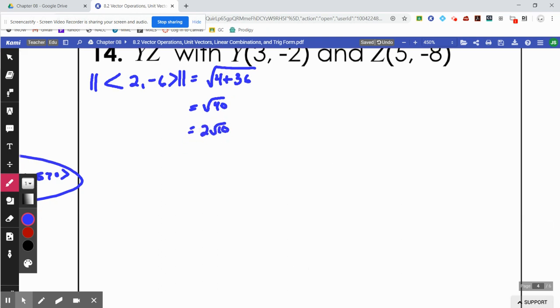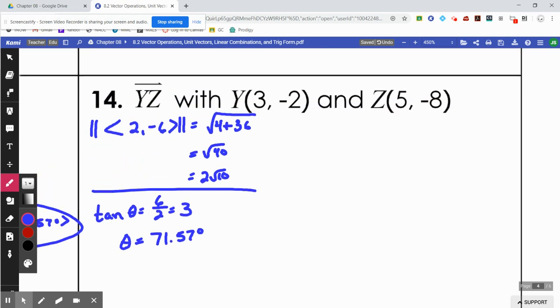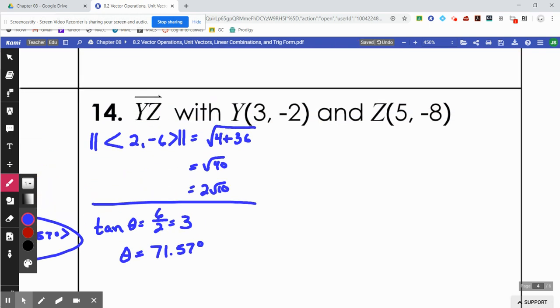There's your magnitude. Your direction, we know that the tangent of our reference angle will equal b over a, which is 3. Find the inverse tangent of 3, and that gives you an angle of about 71.57 degrees. However, we are in the, let's see, 2, negative 6.